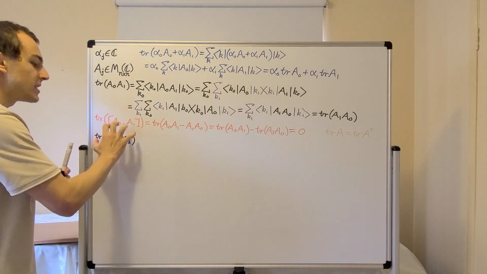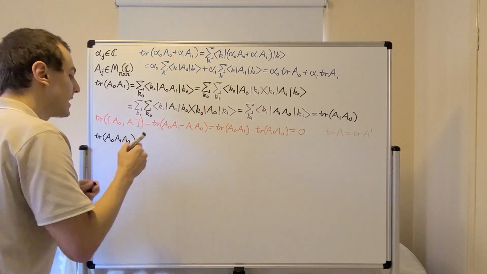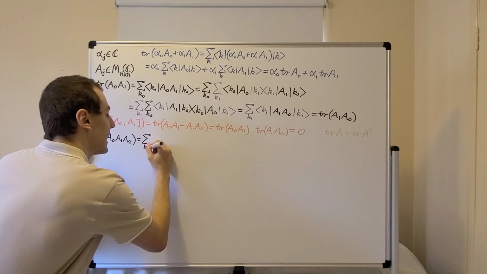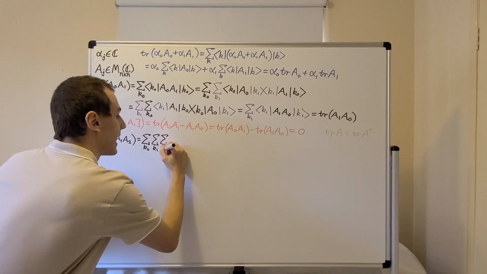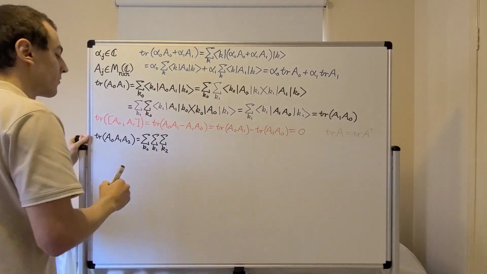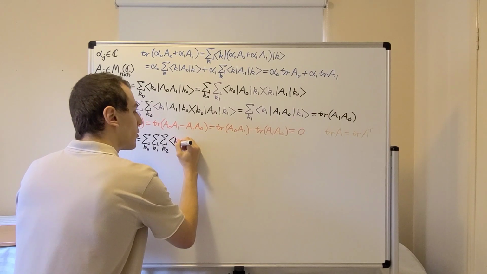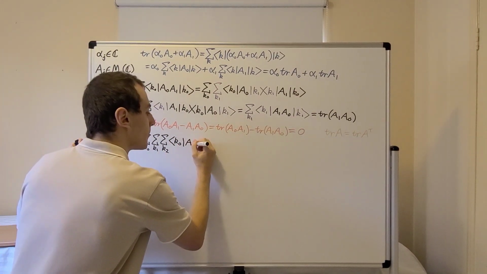So first, let's express this in the same form that we had over here. We're going to need 3 indices, and those 3 indices are going to be K0, K1, and K2. First, we're going to use K0 to construct the trace. So we're going to have a bra version of K0. Then we're going to put A0 over here.